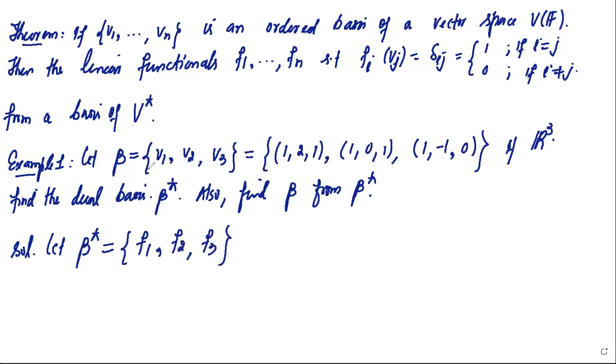Since we are trying to define the dual basis of R3, and since we know that the dual space and the vector space itself have the same dimension, and R3 has dimension 3, the dual basis will also contain 3 vectors. Let beta star be the dual basis.